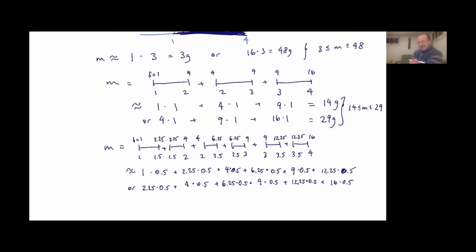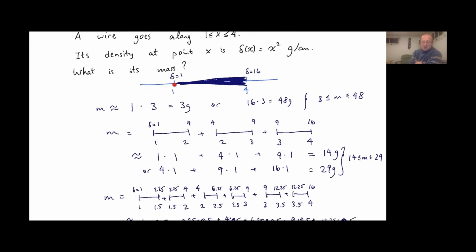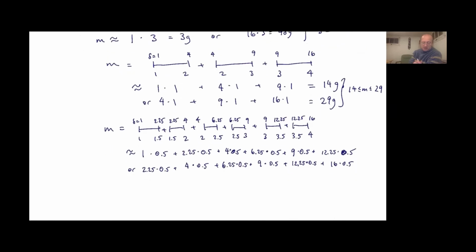We haven't yet determined the mass, but we're getting more accurate, right? At the beginning, we thought the density was 1 or 16, but points in the middle aren't very close to either of those. Now, these segments are short enough that points in the middle, the density is not that far off from the end points. So we're getting more accurate here.